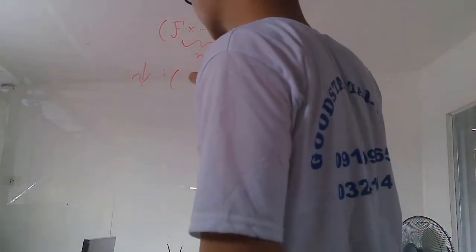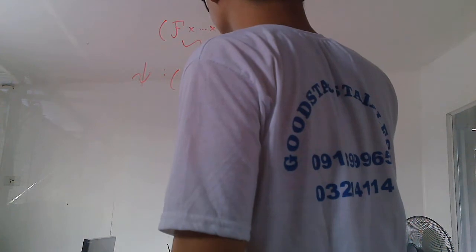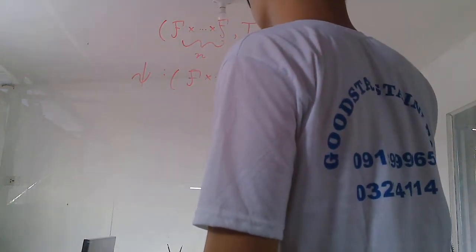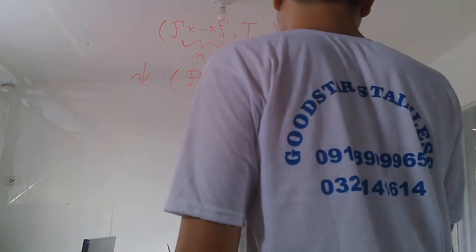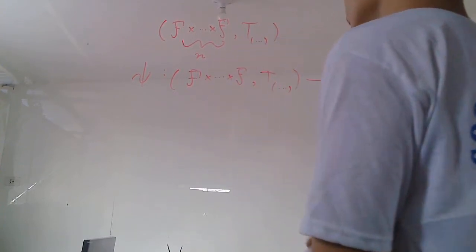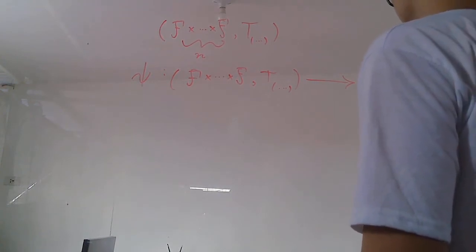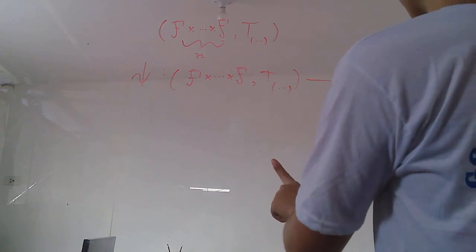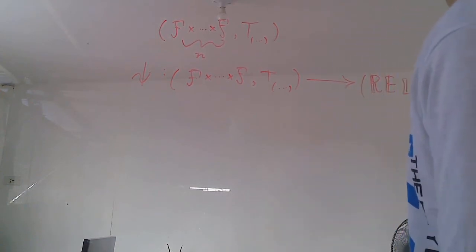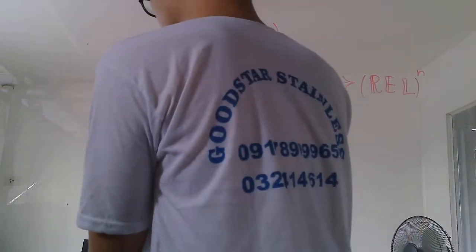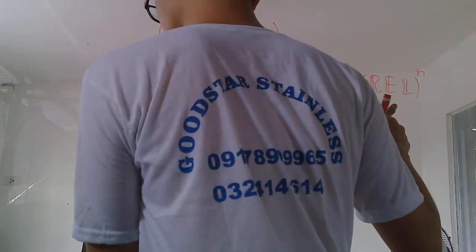and then we now map this onto REL tuples, so REL to the n. And since we can do that, that means we can map this onto N tuples, because N tuples is a subset of REL tuples.